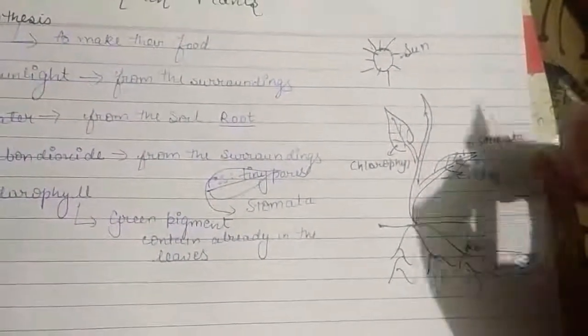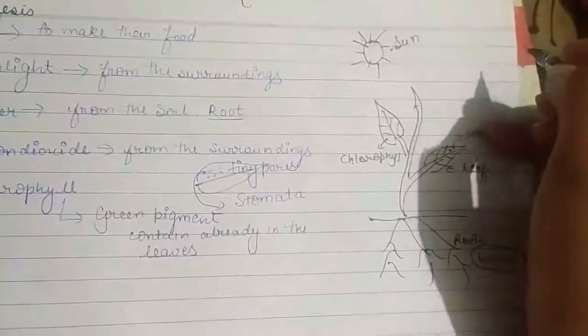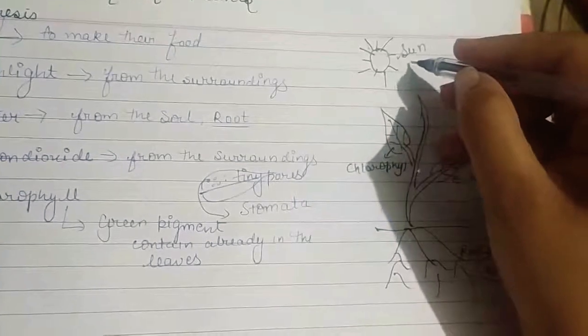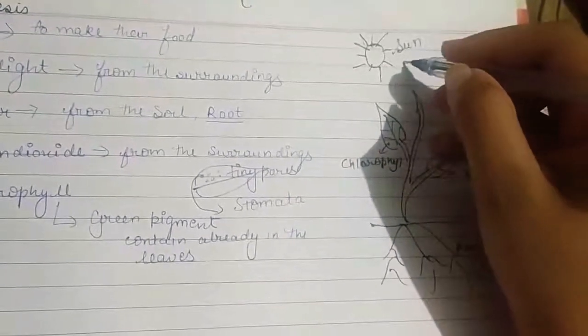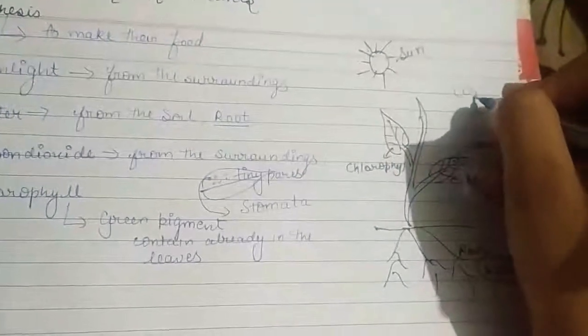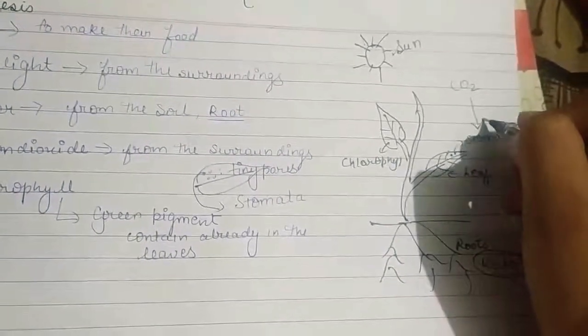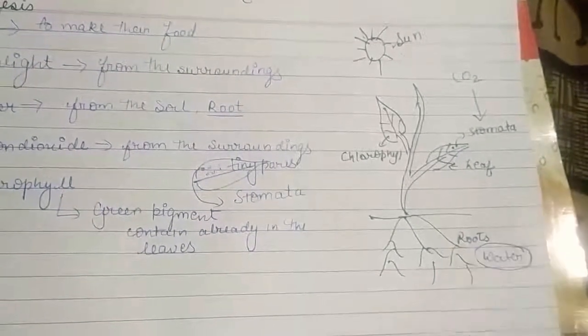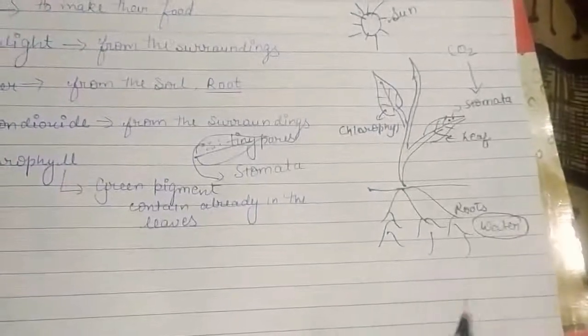So normally during photosynthesis, the plant absorbs sunlight energy and uses it to convert carbon dioxide, which is taken by the stomata, and water, which is taken by the roots, into glucose and oxygen.